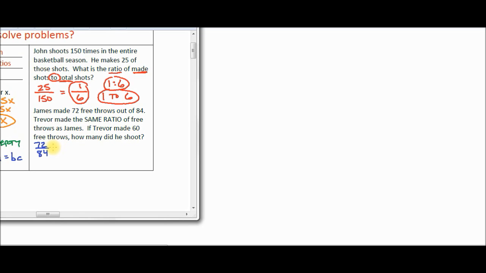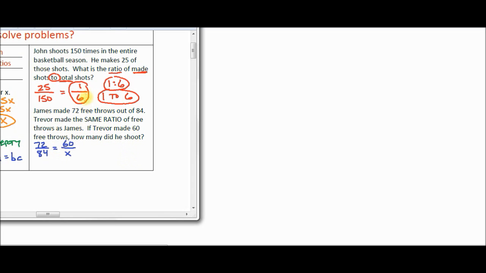And now we're going to set that equal to another ratio, and that's going to be Trevor's ratio. Now, he made 60 free throws, so because we put 72 on top, the number that James made, we've got to put the number that Trevor made also on the top of the fraction. That's going to be 60. And the thing we don't know is, how many shots did he take? How many times did he shoot?